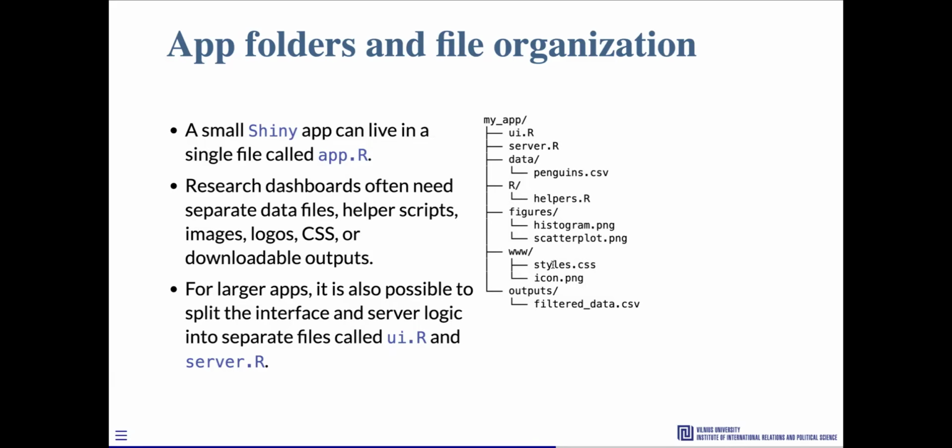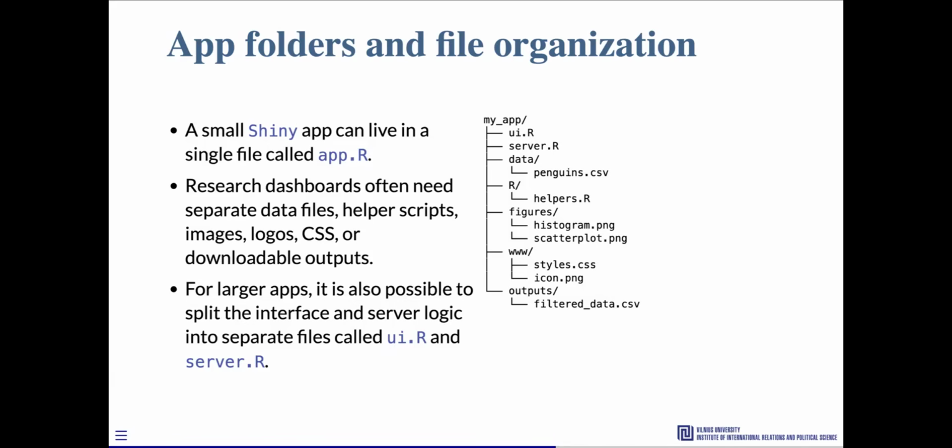Why www? To be honest, I don't know. But every time that you want to display static images that come from your resources, not the plots that you create, but for example, the logo like this one here from Vilnius University, you can call it from a folder called www. If anyone has an answer for this, please put it in the comments because I'm very curious to know.